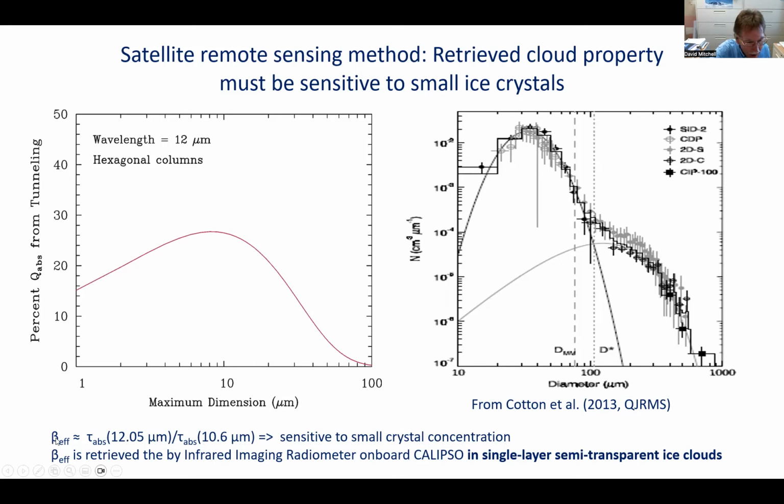So this absorption optical depth ratio, beta effective here, it's the ratio of the absorption efficiency at 12 microns to 10.6. And because tunneling doesn't happen as much at 10.6, you get a ratio there. And that is a measure of the small crystal concentration. So this retrieval exploits that. And this ratio is retrieved with the infrared imaging radiometer on board Calypso for single layer semi-transparent ice clouds.